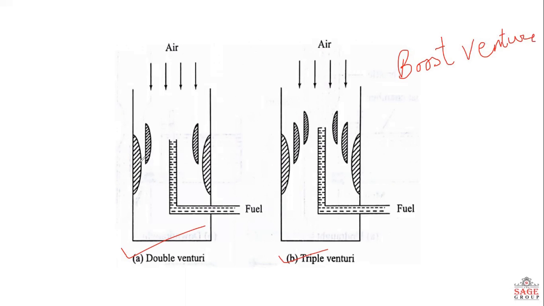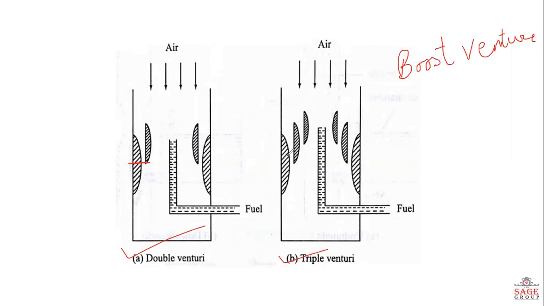The discharge edge of the boost Venturi is located at the throat of the main Venturi. Only a fraction of the total air flows through the boost Venturi. Now, the pressure at the boost Venturi exit equals the pressure at the main Venturi throat. The fuel nozzle is located at the throat of the boost Venturi.